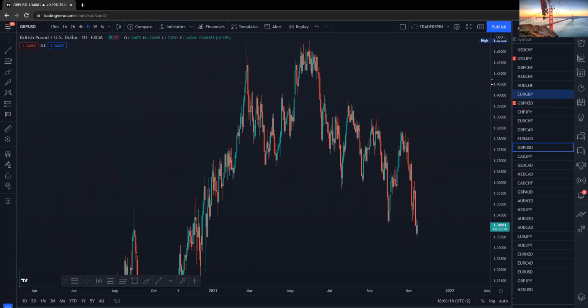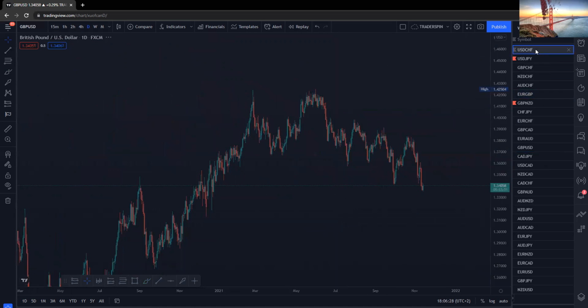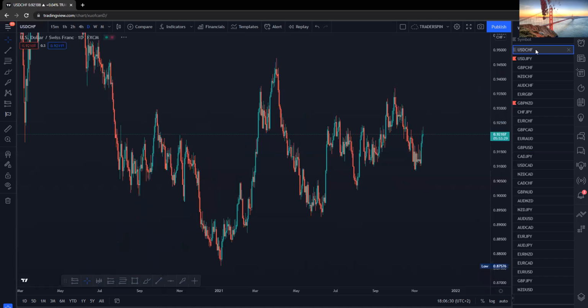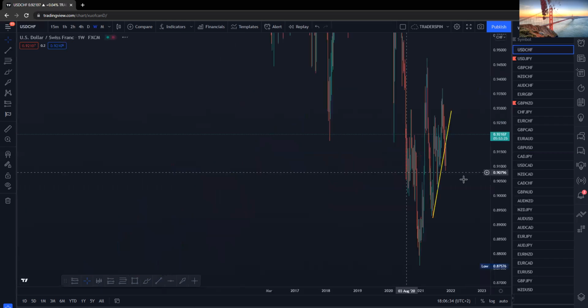Basically, this is so simple. I don't even know what I've got to touch upon right now. This is so simple, guys. I'm literally waiting for a USD CHF setup on my weekly time frame.